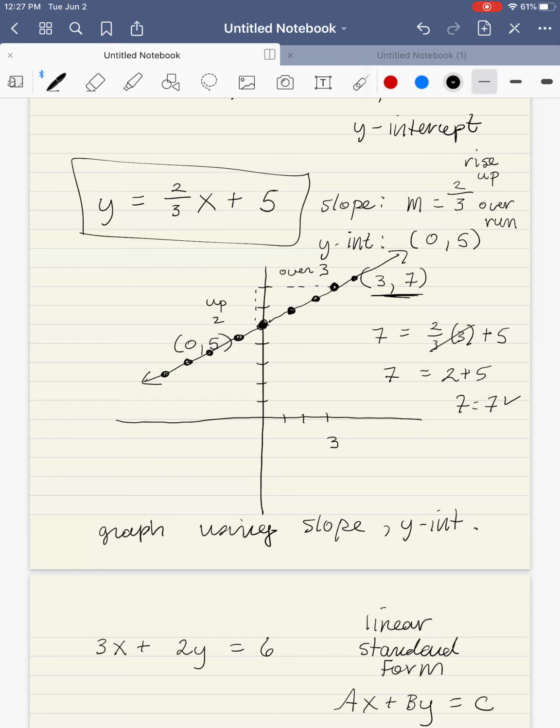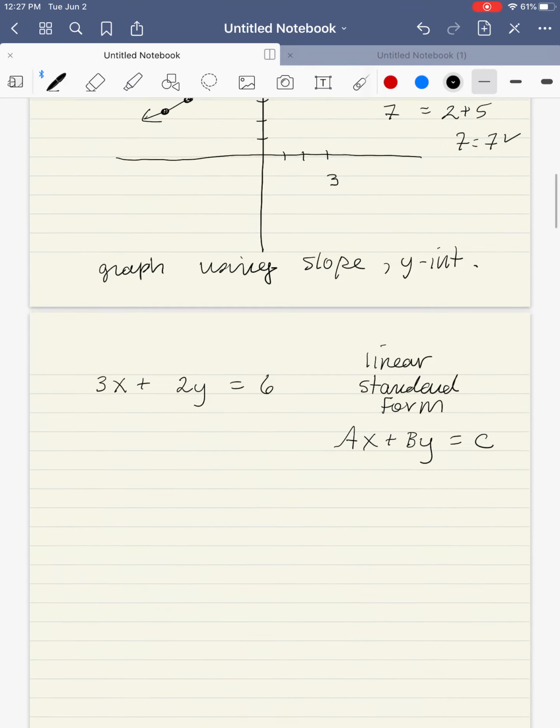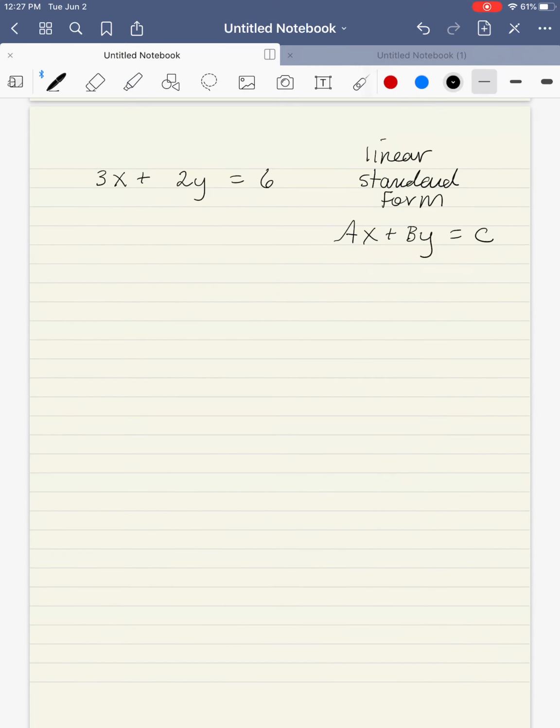So the point 3, 7 is a point on this line because if I plug 3 and 7 in for x and y, I get a true statement. So if I want to graph any equation of a line, all I have to do is find 2 points that make this a true statement. 2 values of x and y that, if I plug them in, I get a true statement.